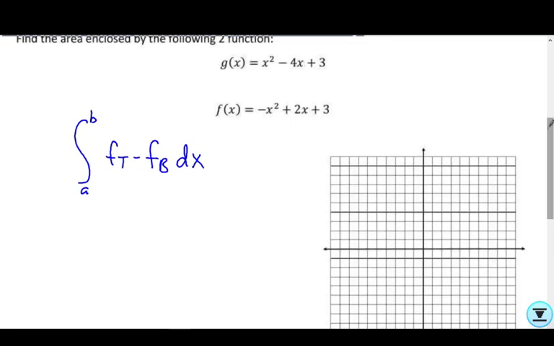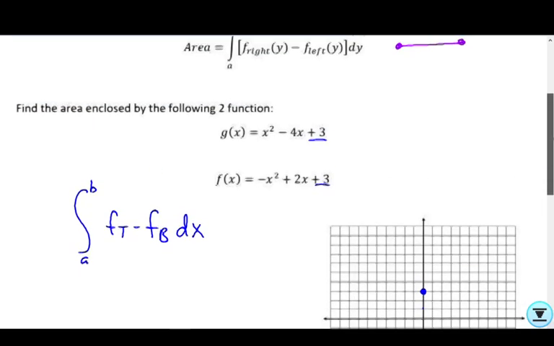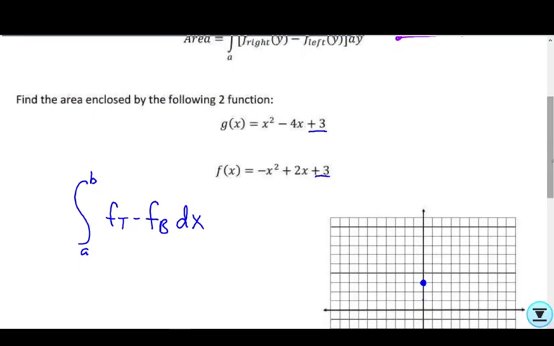Well, looking at their equations, I know both of them are at (0, 3), because you plug 0 into both of them and you have 3. But if you remember from Algebra 2 and Pre-Cal, the way to find where two functions intersect is to set them equal to each other.